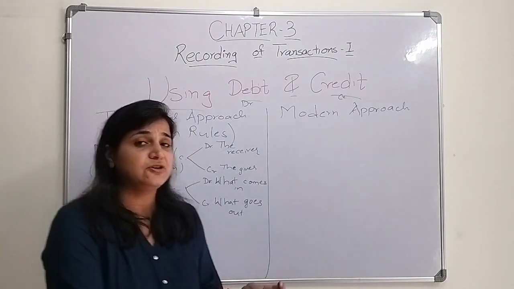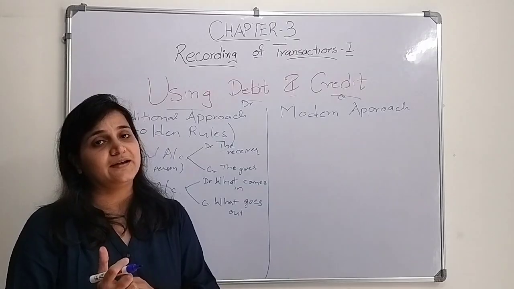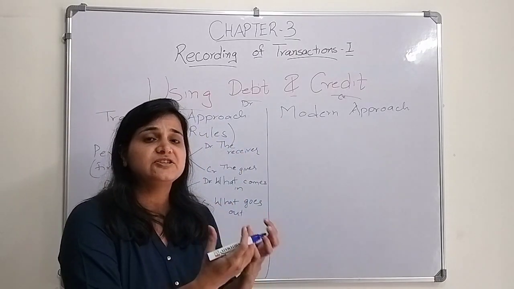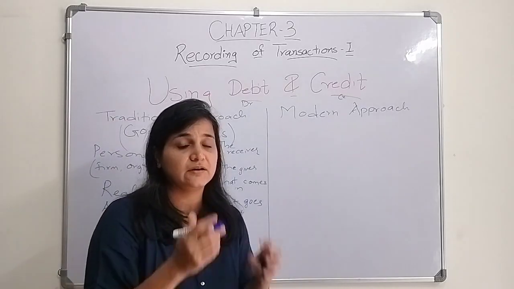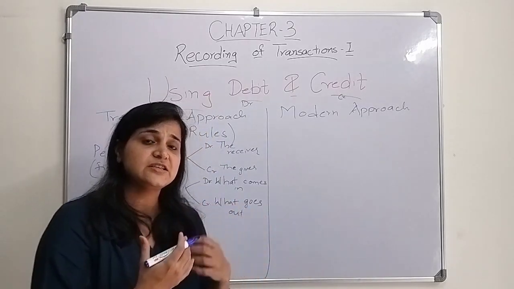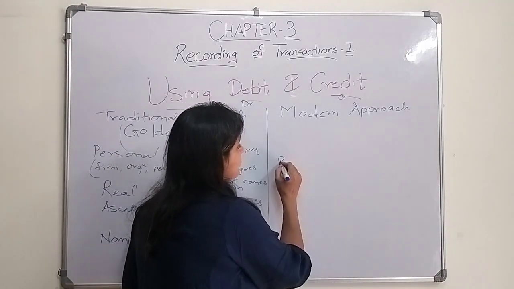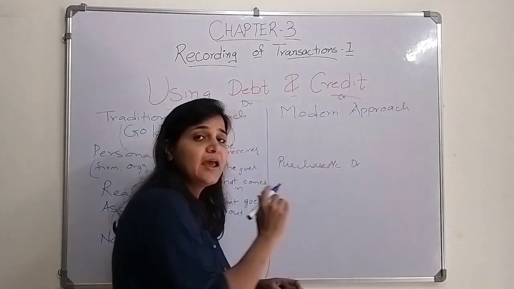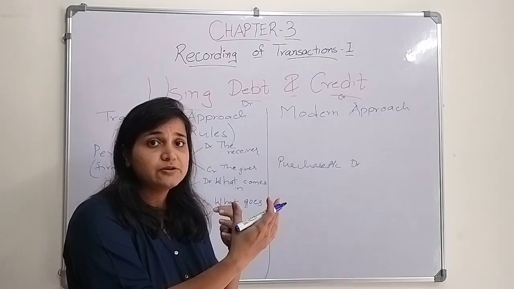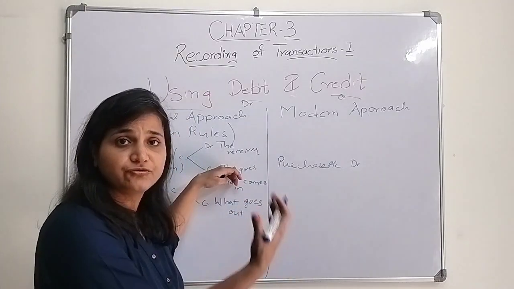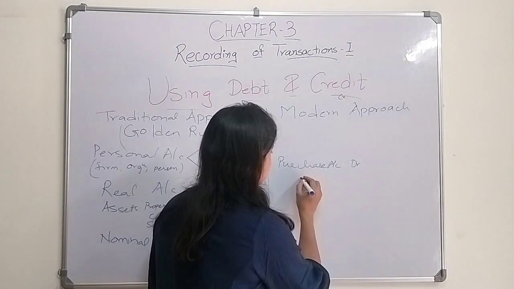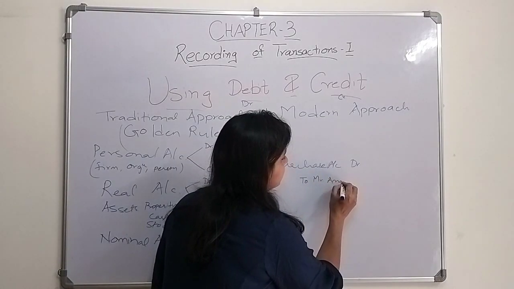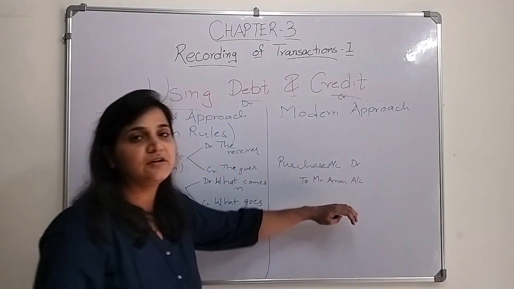Now when I purchase the goods on credit from Mr. Aman, mind it, on credit, the goods come in. So purchase account is debited. And whom am I liable to pay? He is the giver of those goods, so Mr. Aman's account is credited.